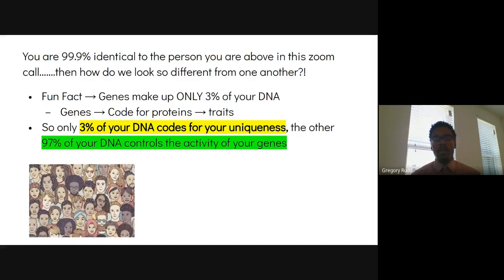We can also think of it from a medical perspective. There is a gene called the BRCA gene, which I'll send to the chat. It's supposed to be in all caps.